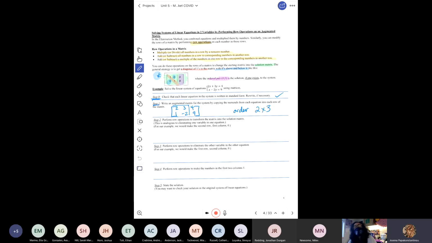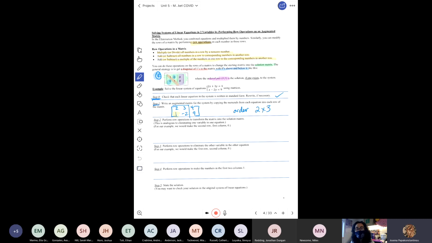Now, there's really no definite way you have to arrive at the solution matrix. However, best practice is that you want to try to first get a 0 here.